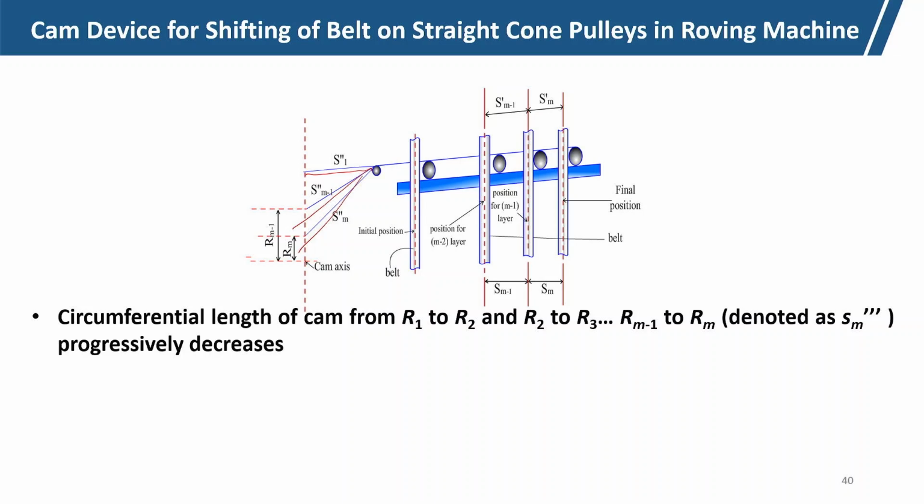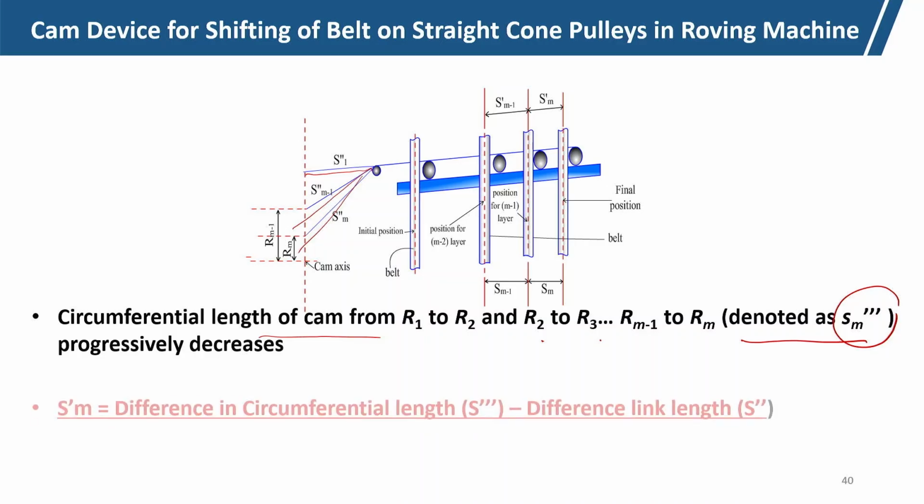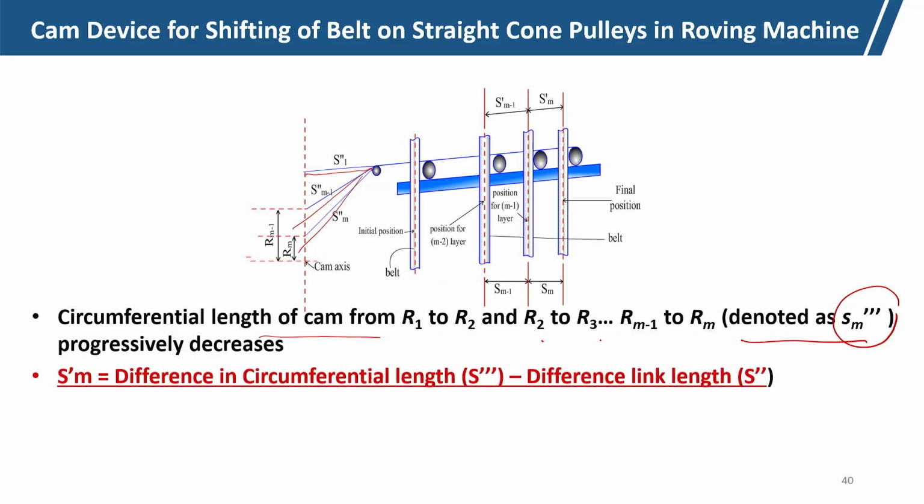The circumferential length of the cam, R1 to R2 and R2 to R3 in that way, denotes that S m triple dash progressively decreases because of the effective radius of the cam. S dash m is the difference between the circumferential length and the link length S double dash. So, the difference will be S dash m.